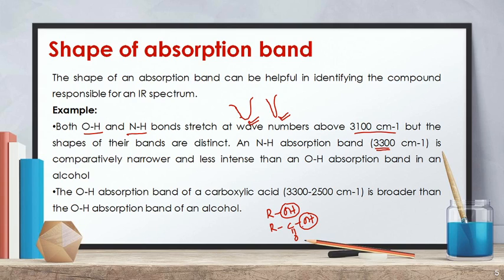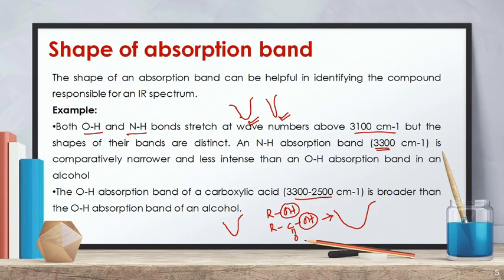Here in the carboxylic acid, the OH absorption band will be observed in the range of 3300 to 2500 centimeter inverse. That means it is a broader peak. So it will look like this, a broader peak compared to the alcohol OH. Generally we already gave the statement that OH is a broad peak. So maybe OH will be like this, a broad peak.